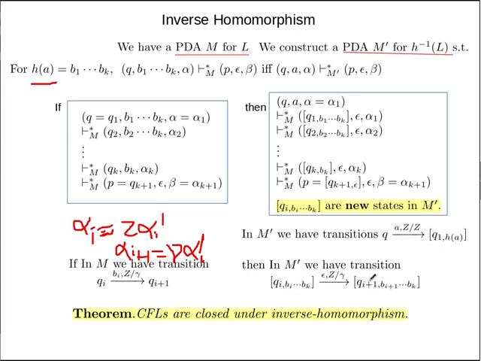So this change of state simultaneously tackles the fact that the state is being changed from qi to qi plus 1, and here it is consuming bi. So from the subscript we are removing this bi, and this is the new state. So this is the label for the new state, and all of this form states. So these are new states in M prime.